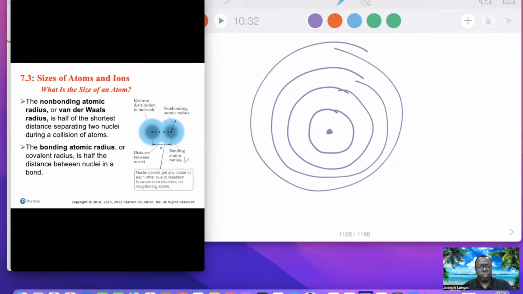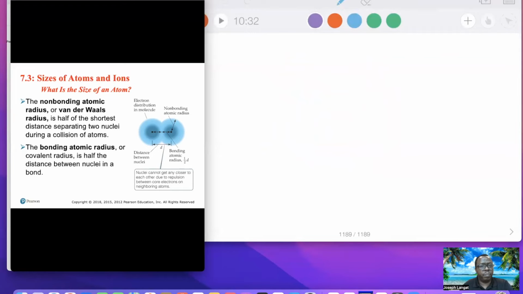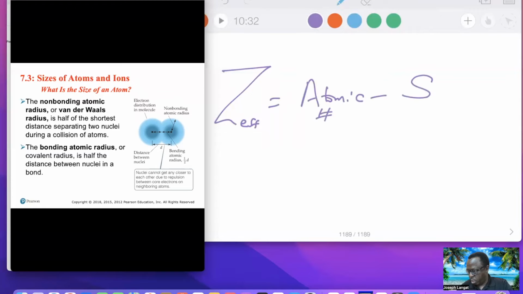That's all I want to cover in C effective or effective nuclear charge. You should know the trend on the periodic table. You should be able to calculate the effective nuclear charge using the equation C effective equals atomic number minus S, which is the number of what?